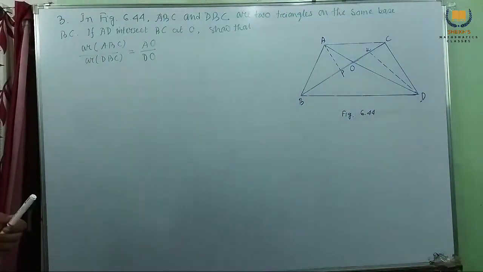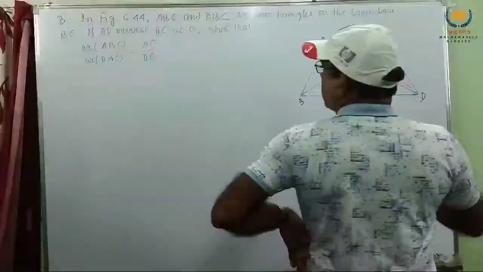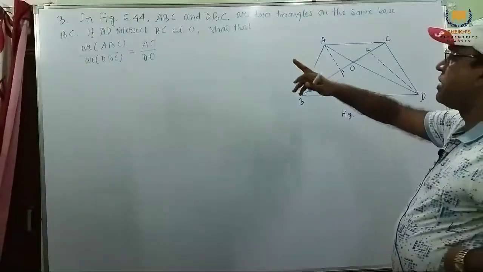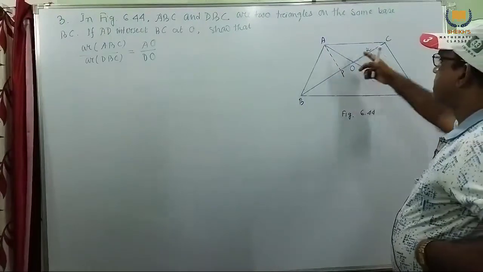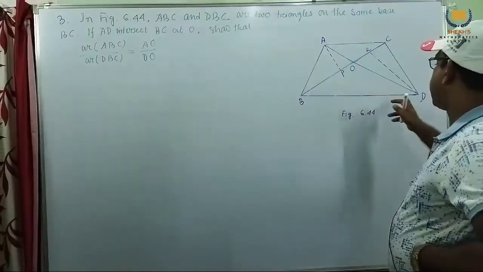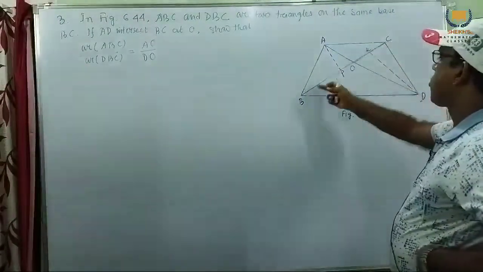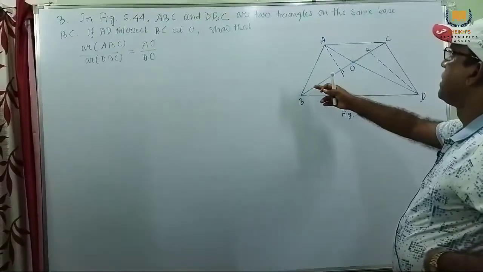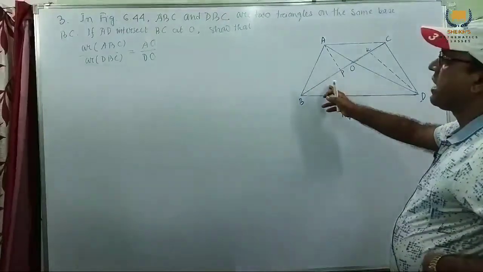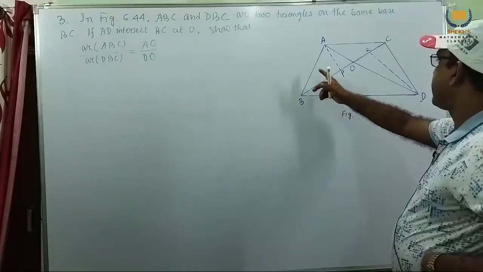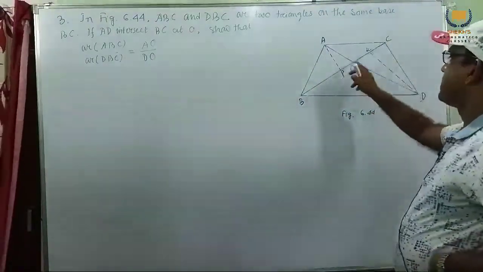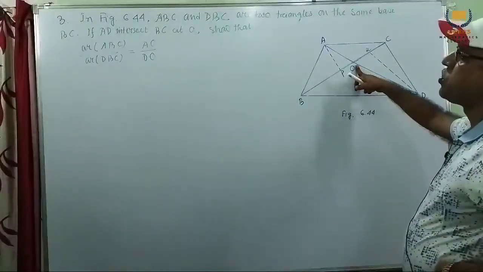We have to show this. So this is our triangle ABC and DBC. Their common base is BC, and AD intersects BC at O.